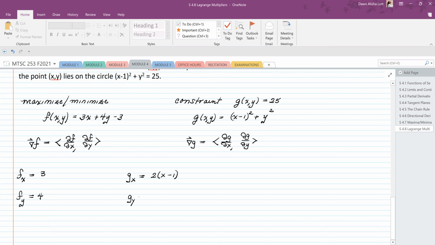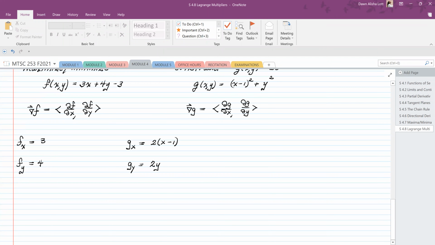Now I need the gradient of f to equal lambda times the gradient of g. That means f sub x is equal to lambda times g sub x, and at the same time, f sub y is equal to lambda times g sub y.